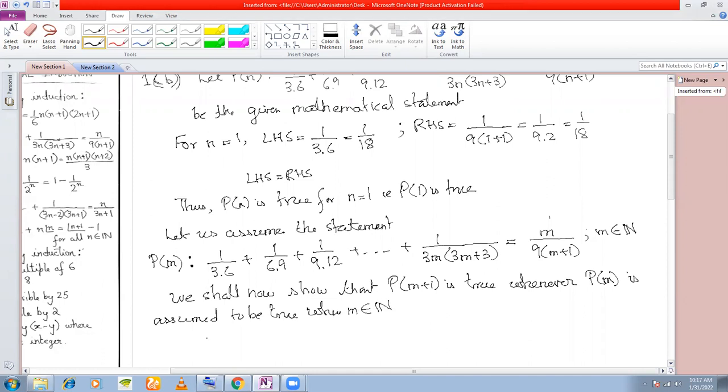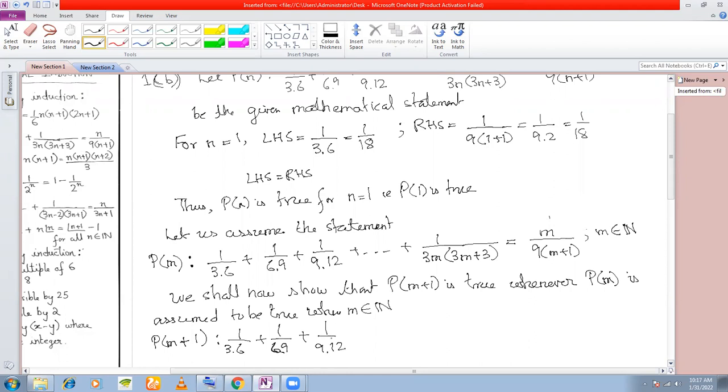Okay. So let's write Pm plus 1. 1 by 3 into 6 plus 1 by 6 into 9 plus 1 by 9 into 12.